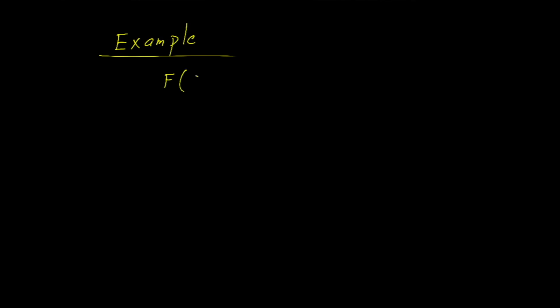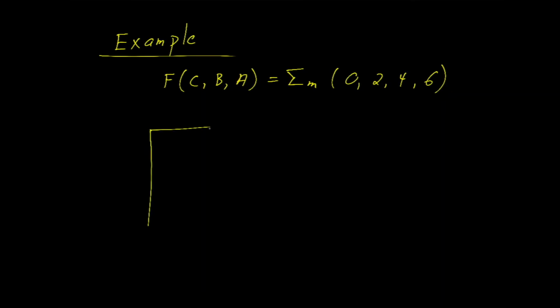A function with 3 inputs and minterms 0, 2, 4, and 6. You could say we're selecting all of the even things. With 3 inputs, the Karnaugh map can take 2 different forms. It could be built this way, or it could be built this way.